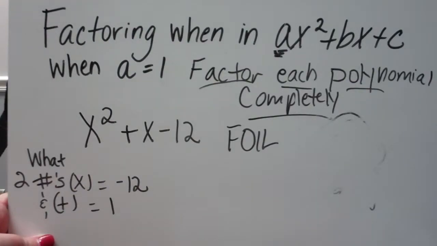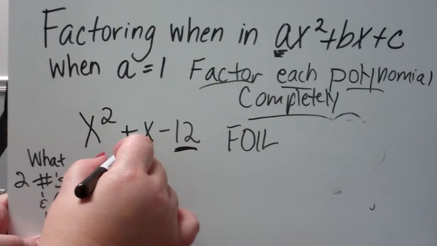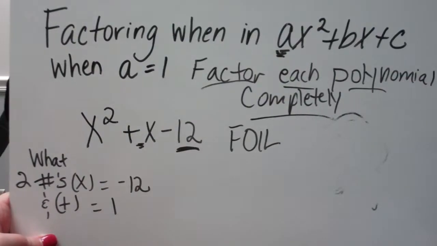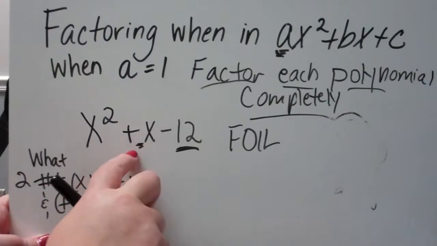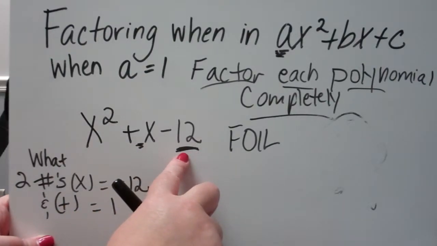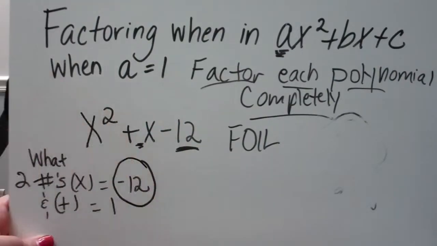Now let me tell you where the negative 12 and the 1 are coming from. As we know from the FOIL method, we would combine the like terms in the middle to get this number, and we would have multiplied two numbers together to get this number. So start with what multiplies together to give you negative 12.